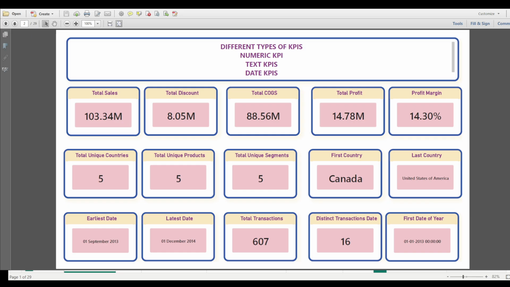So one portion you can keep separate for designing a slicer. Like 5 visuals are there, so you can take this much space for one visual, then you can take another space for the second visual, then some space for the third visual, and then you can leave a space for putting slicers.